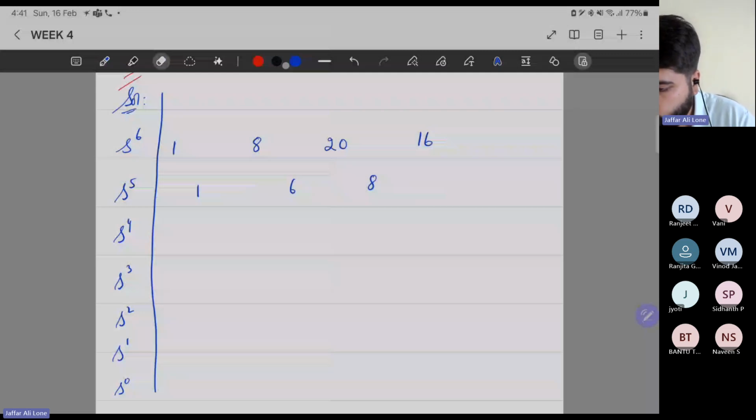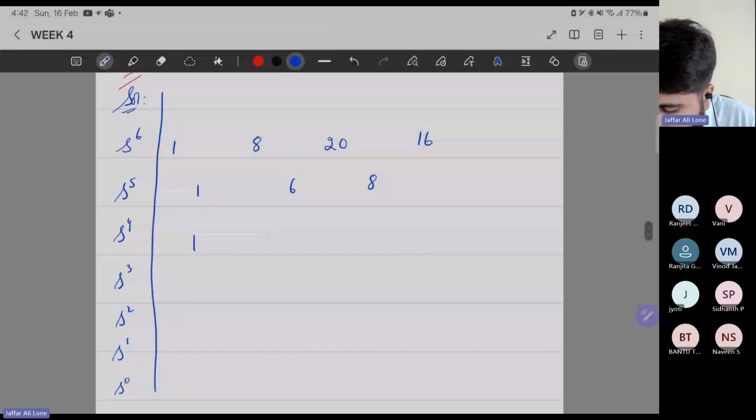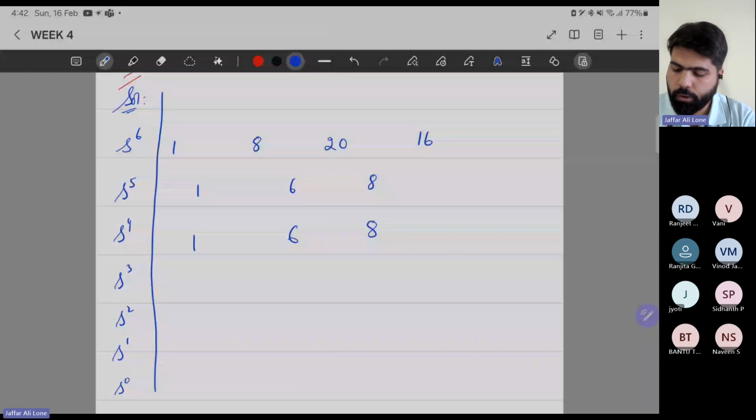Okay, now what is S4? S4 is again 2, 12, and 16. I'll just take 2 common. It will be 1, 6, and 8. Now you have similar rows. Obviously, you will get row of zeros. So S3 is 0 and 0. And how do we tackle it?